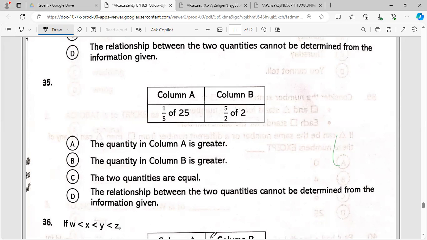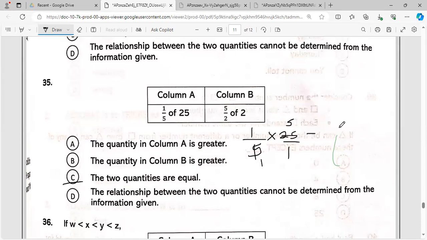Very good. Exactly. Let me just show it, guys, just in case someone might not see. Sir, I'm still wondering how I got 5/2 of 2. Wait, I'm going to show you. Of means multiply, so it will be 25 over 1. As Kira number 1 says, 1/5 times 25 gives 5 times 1, so 5.